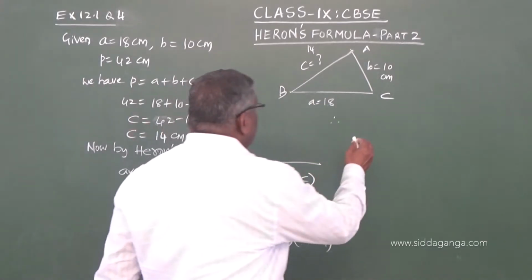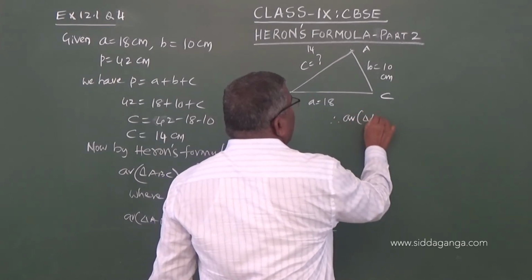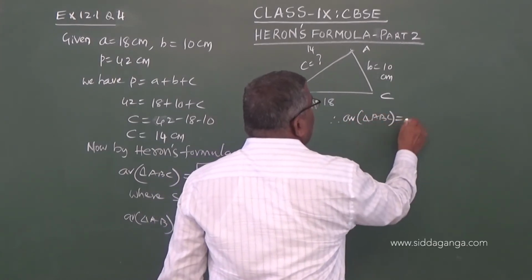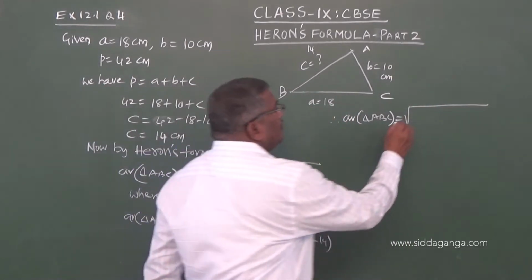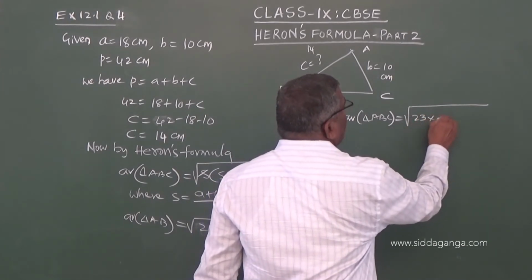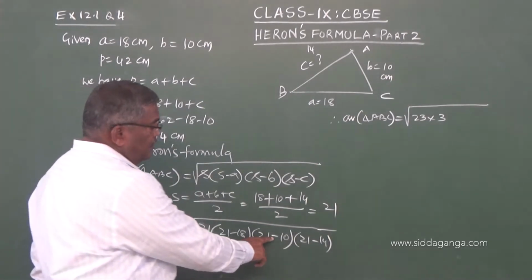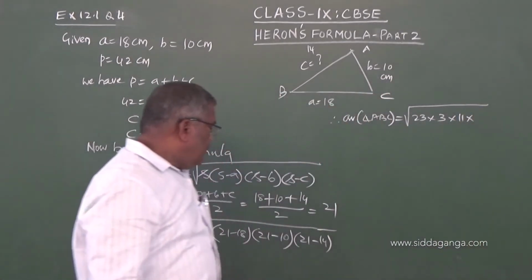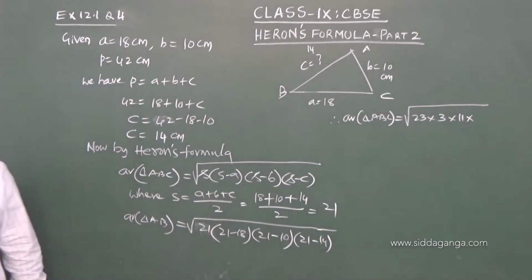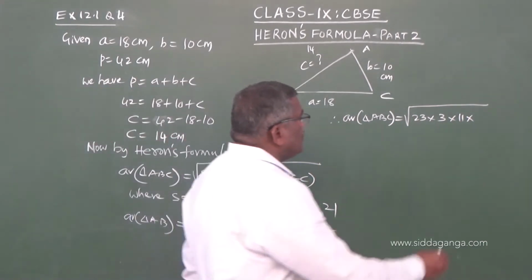Now area of triangle ABC is equal to root of 21 into 21 minus 18 is 3, 21 minus 10 is 11, and 21 minus 14 is 7.